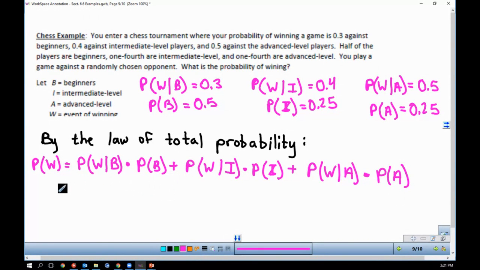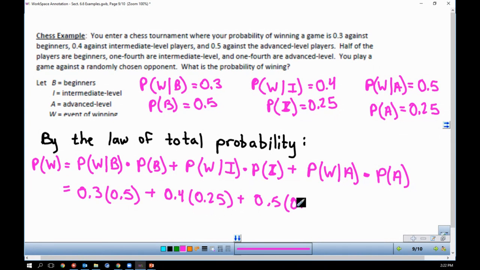So then we can just go through and plug everything in. 0.3 times 0.5 plus 0.4 times 0.25 plus 0.5 times 0.25.